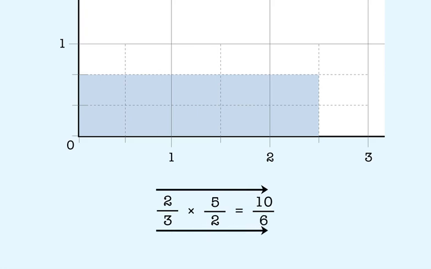We could solve every multiplication problem with fractions using diagrams like this, but that would take a long time. In every case, the answer would be the same as we get if we just multiply the numerators and denominators as we did in these examples.